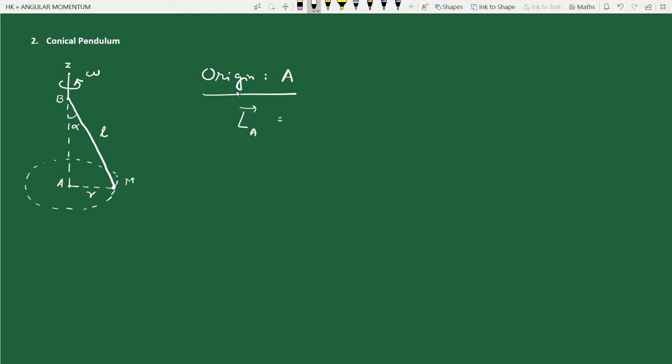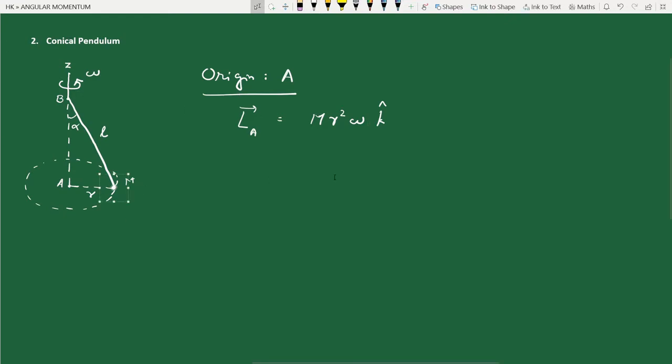this we have calculated in the previous problem. This is m r square omega along the direction k. You can refer to problem 2. R cross mv we have to take, and here mv will be tangential to this circular path at this point.